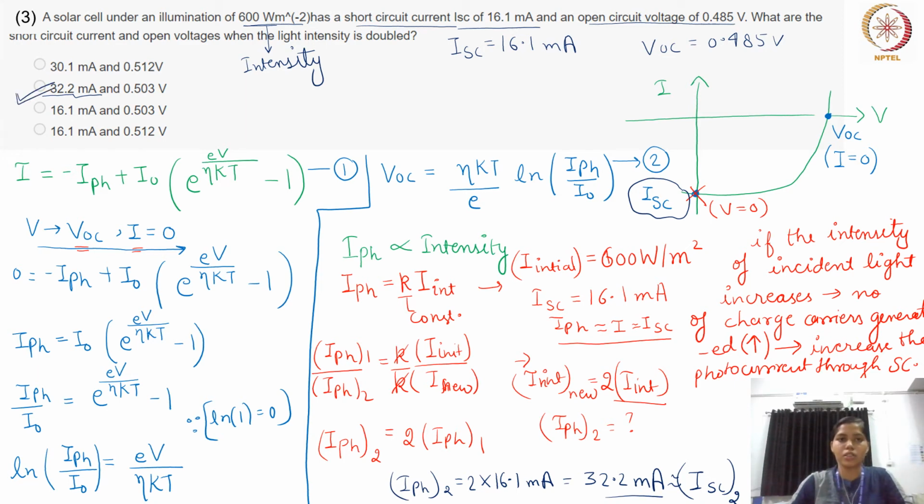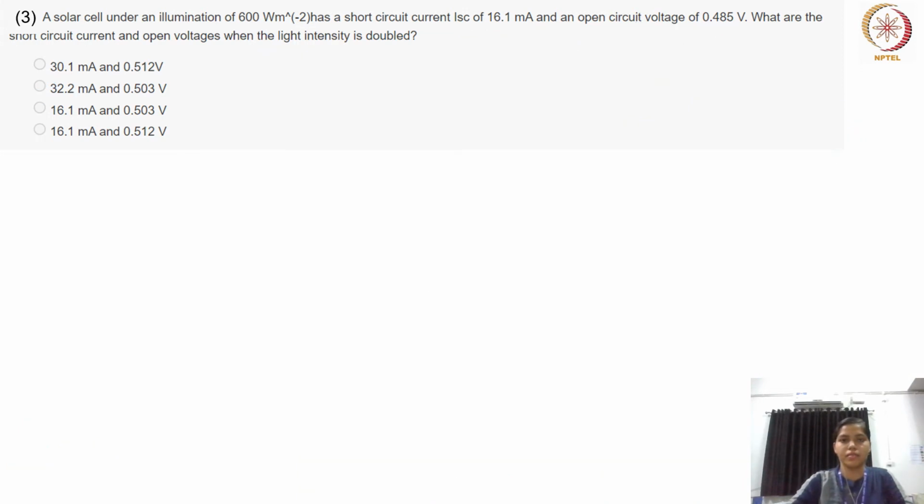Now let's also solve this for the case of VOC, how the VOC will be calculated. So we have obtained this expression of VOC: VOC equals eta KT divided by E ln of IPH divided by I naught.